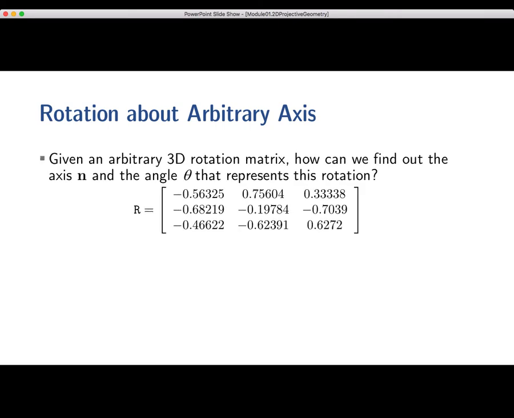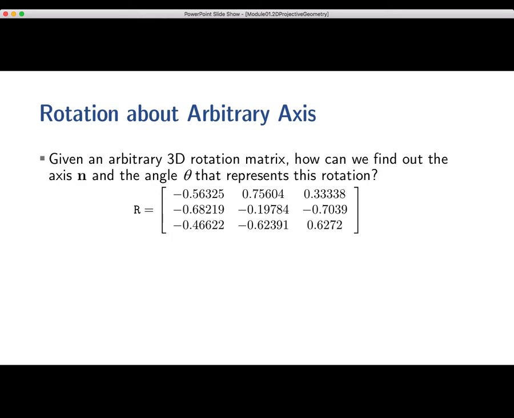Okay, so now the opposite problem, because a complicated rotation matrix can be thought of as a rotation about an axis n by theta. So I first described, if I'm given n and theta, how do I set up the matrix? The converse of that, given a matrix like this, how do I find n and theta?